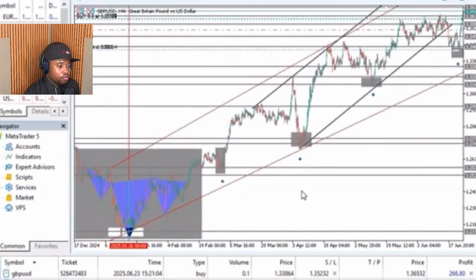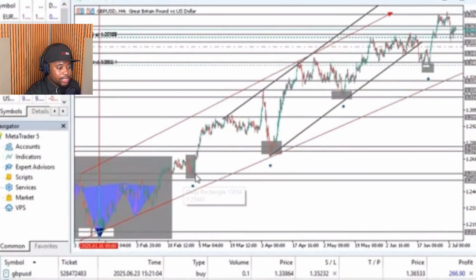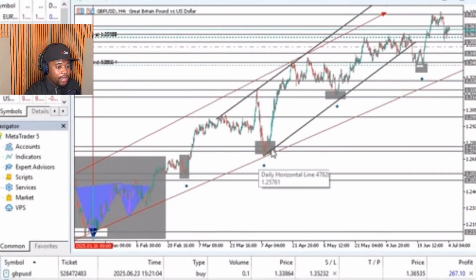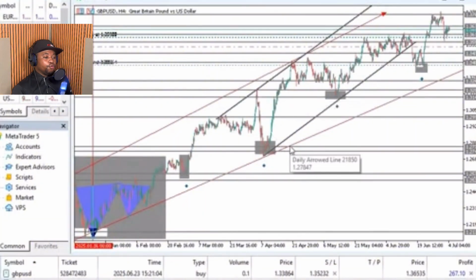Because if you go back to the prior market, we had a retest at this level here, right? That's the first retest which we had, and then we had a second retest and then a shoot to the upside. So already with us having two retests, we can have that confirmation that the market is actually respecting the setup, and the market is actually moving in a bullish momentum, right?